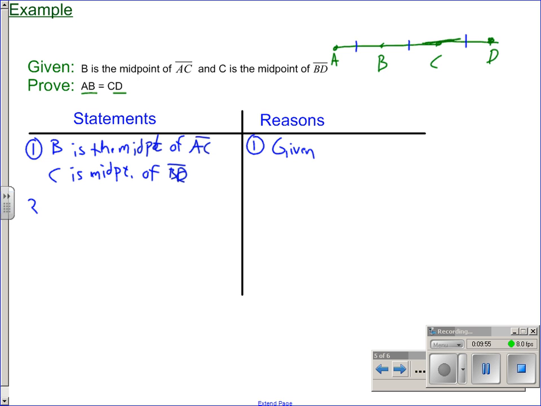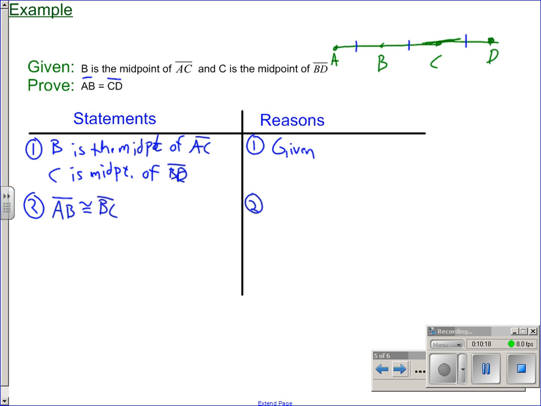So now, just like we did when we were just looking at the picture and putting in the information, we use the definition of a midpoint. If B is a midpoint of segment AC, that tells us that AB will be congruent to BC.